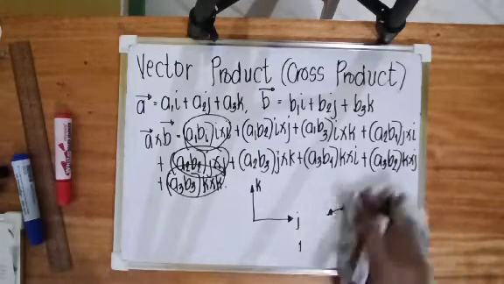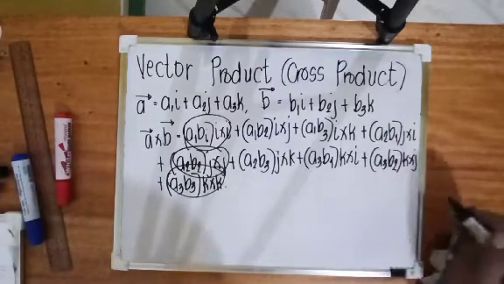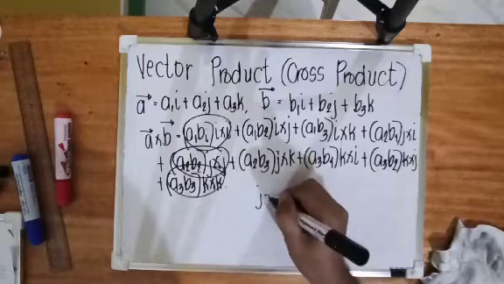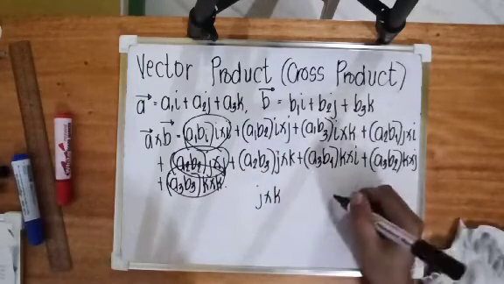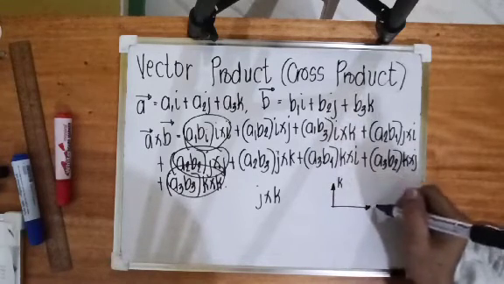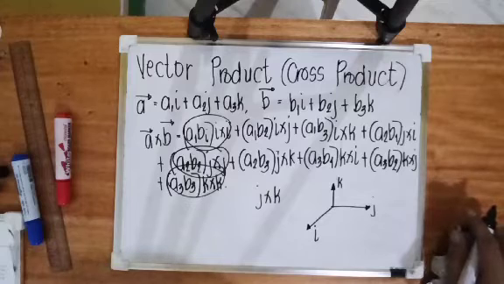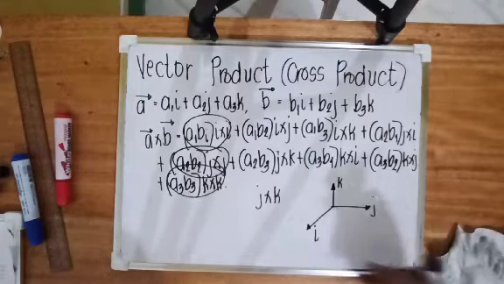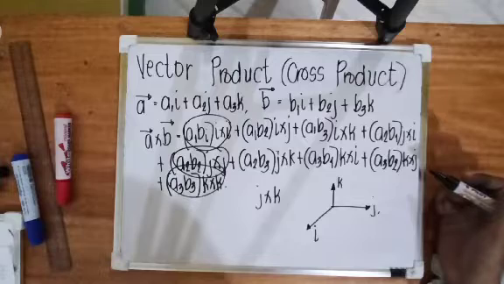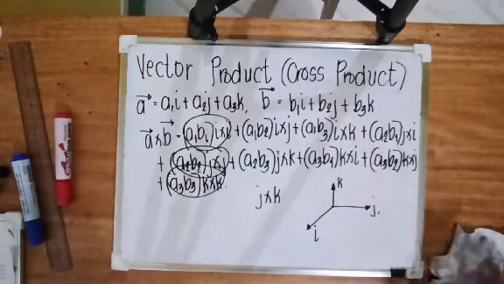But before we proceed, when the cross product is in alphabetical order, like J times K, the cross product would give a value of I. The cross product of I and K will give the value of J. And the cross product of I and J will give the value of K.